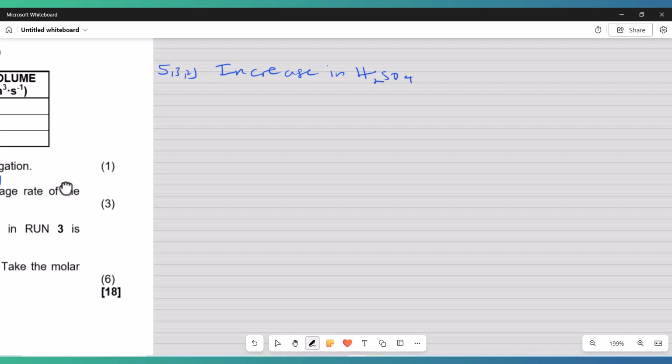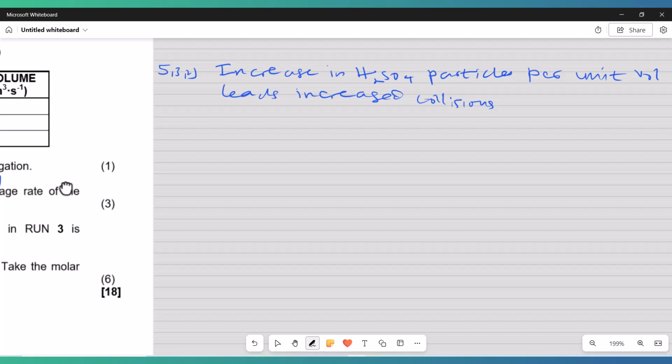So if these particles increase, what do we expect then? This leads to an increase in the effective collisions. Now don't forget that these particles are increasing per unit volume, which leads to an increase in the collisions that are effective.